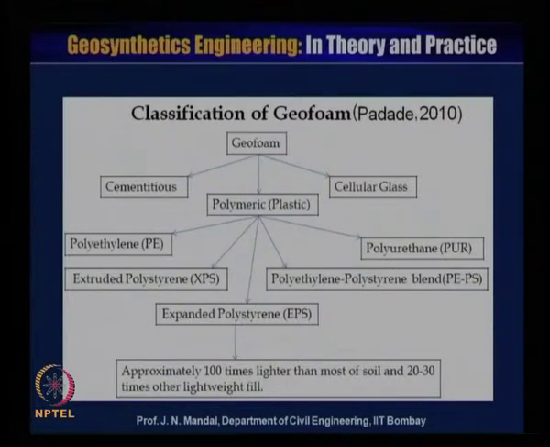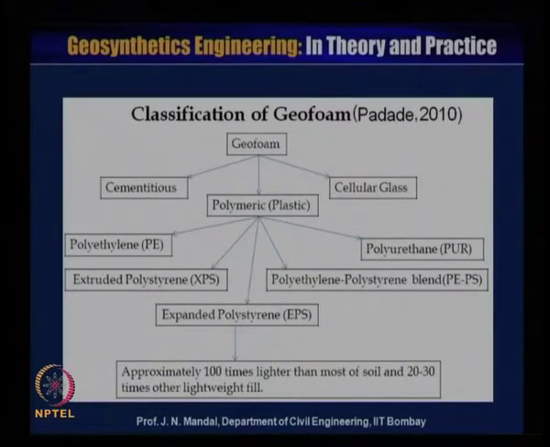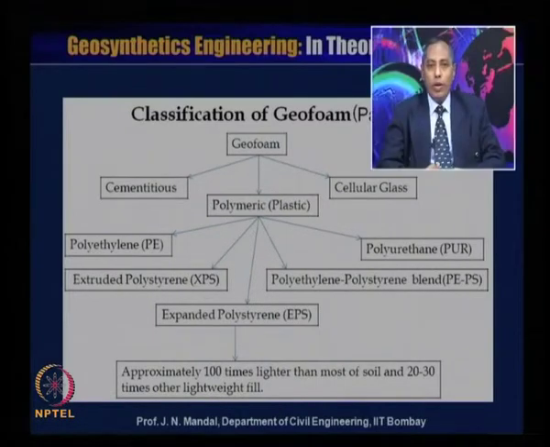Or it is a polymer plastic, which may be polyethylene or polyurethane, or extruded polystyrene XPS, or the polystyrene blend, that is PEPS, or expanded polystyrene, which you call EPS in textile terms. It is approximately 100 times lighter than most soil and 20 to 30 times lighter than other lightweight fill materials.